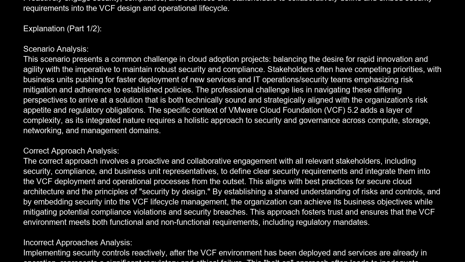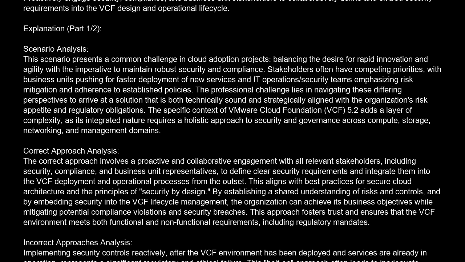Correct approach analysis. The correct approach involves a proactive and collaborative engagement with all relevant stakeholders, including security, compliance, and business unit representatives, to define clear security requirements and integrate them into the VCF deployment and operational processes from the outset. This aligns with best practices for secure cloud architecture and the principles of security by design.